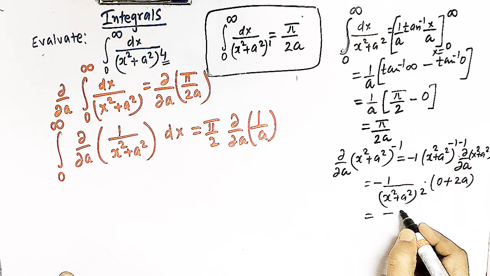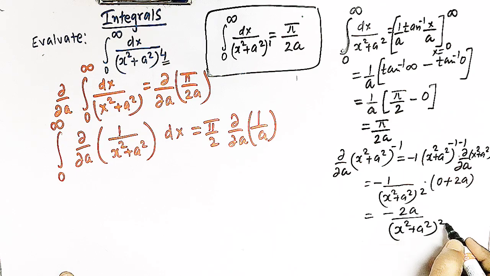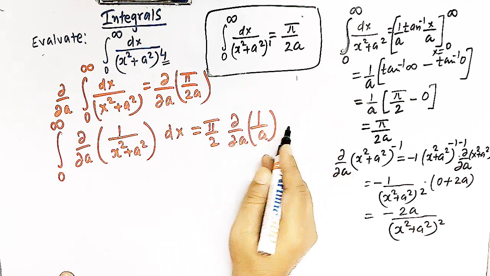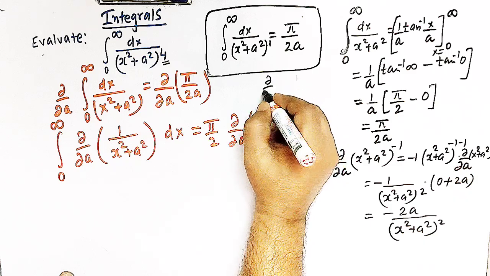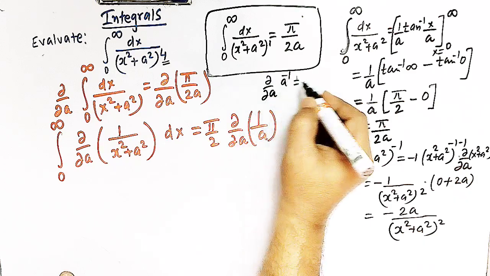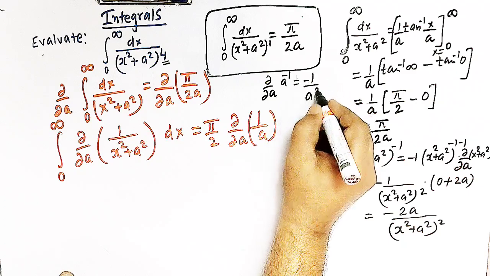So we have minus 2a divided by (x² + a²) whole squared, right? And here the derivative of this expression 1 over a with respect to a is given by a raised to minus 1, that is simply minus 1 over a².